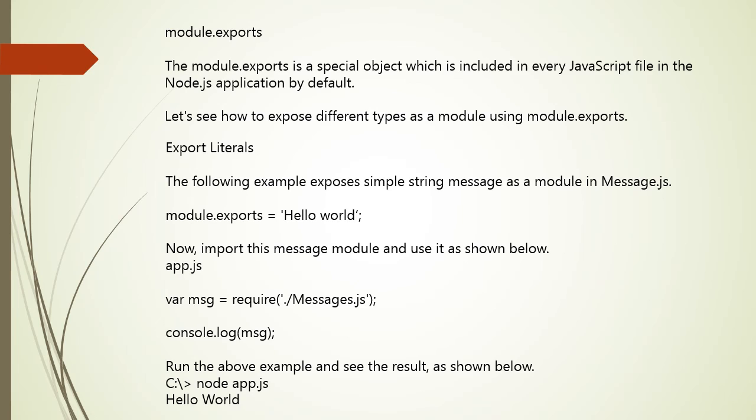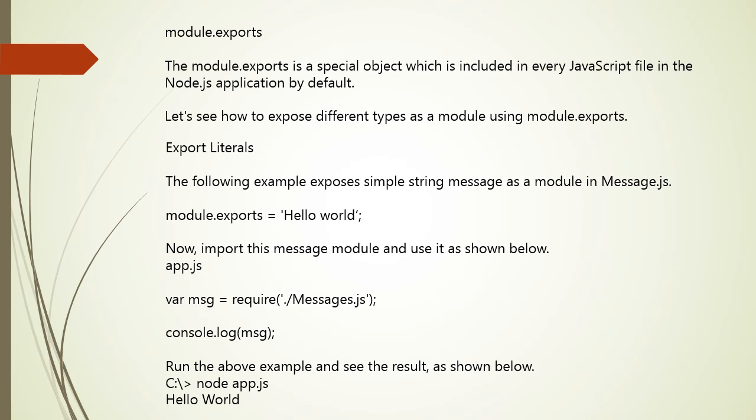The module is a variable that represents the current module, and exports is an object that will be exposed as a module. So whatever you assign to module.exports will be exported as a module. Let's see how to expose different types as a module using module.exports.